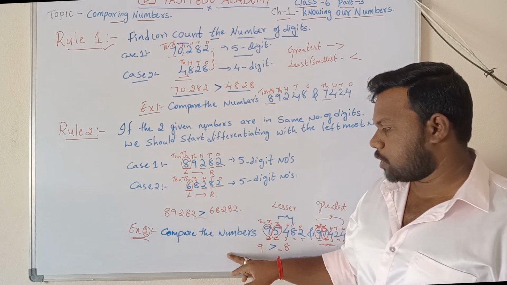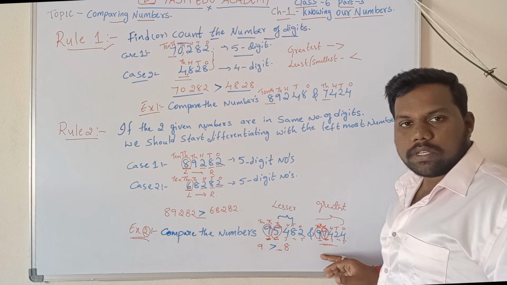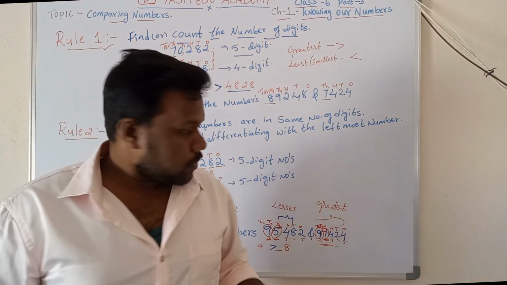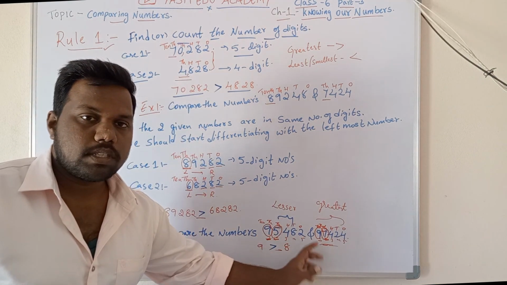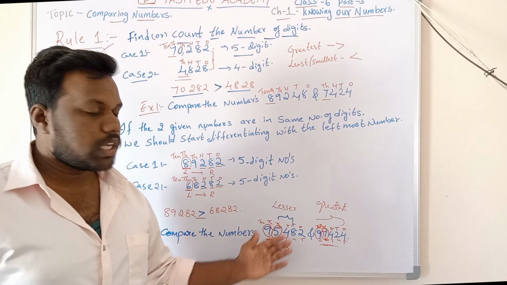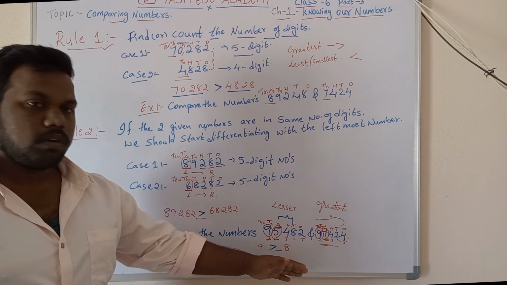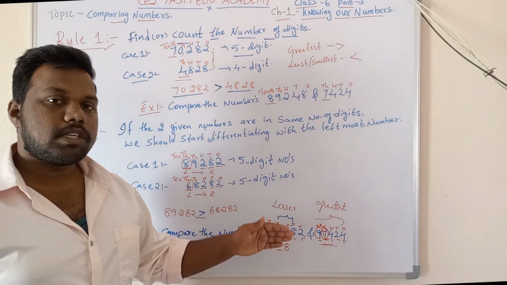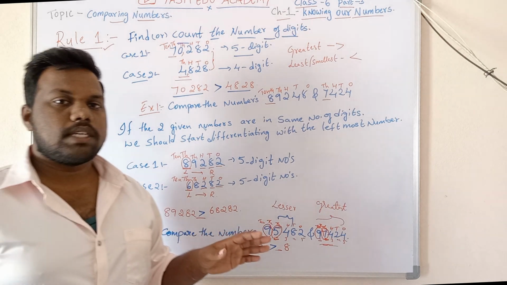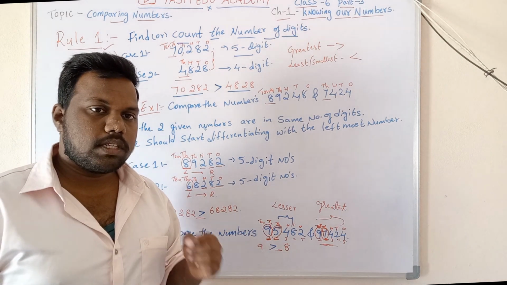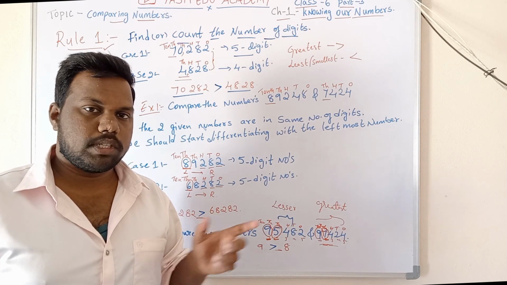In example number 2, compare the given numbers here. We have the same number of digits, the same place value, and the same leftmost digit in the given numbers, so all the cases are the same. At this situation we should go with the second digit of the two numbers.